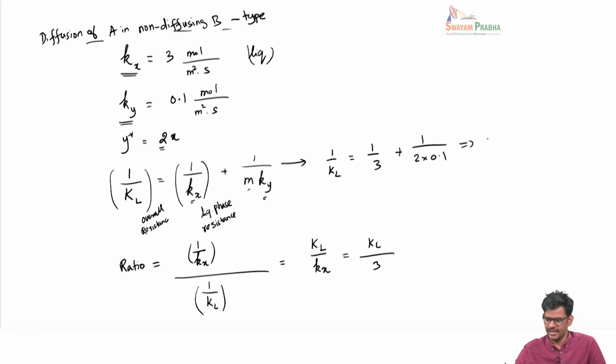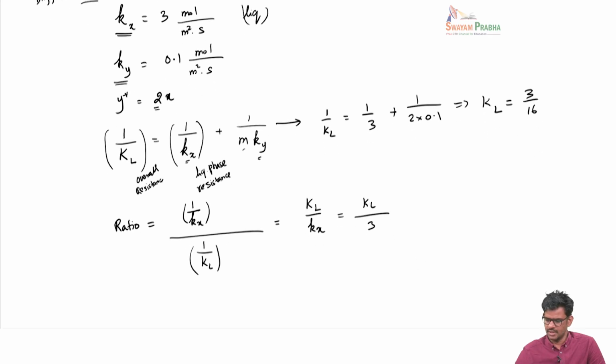So from here, if you calculate KL, you will get 3 by 16. And then if you substitute that KL here, you will get 1 by 16. That's the answer, which is equal to 0.0625.